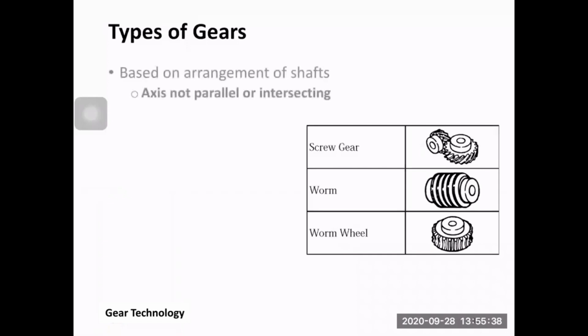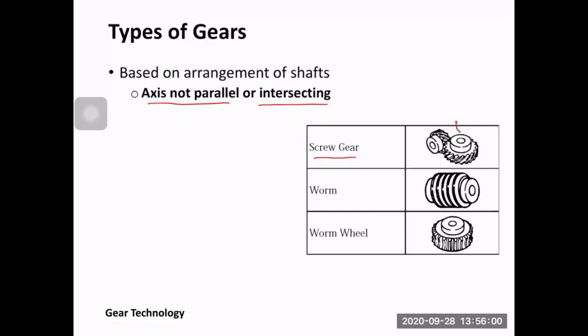The next type is if you have two shafts and their axes are not parallel and are not intersecting. This is skewed, so they have two skewed axes. So in this case, we can use screw gear. These are kind of two helical gears.